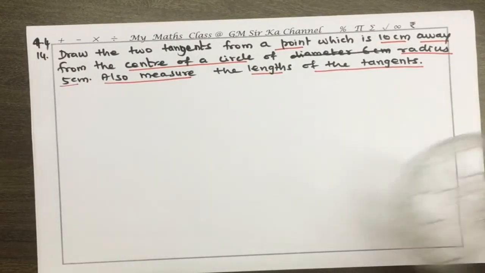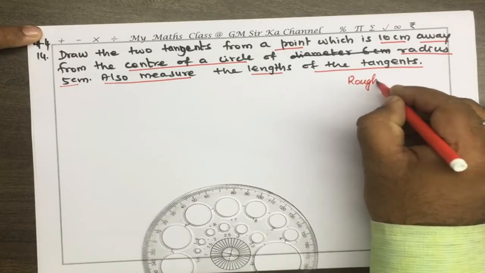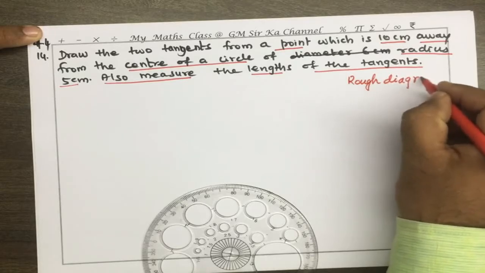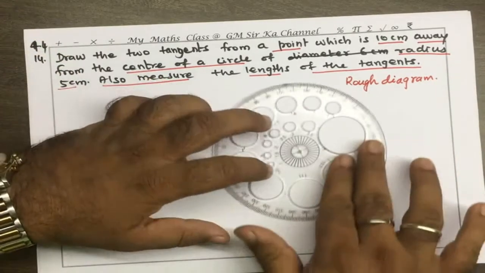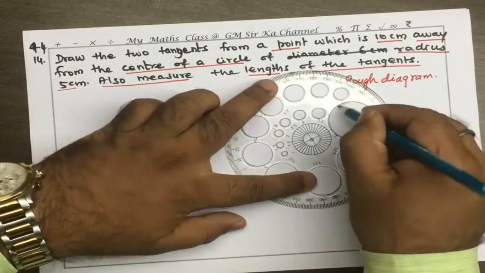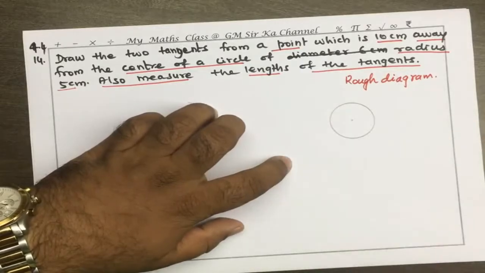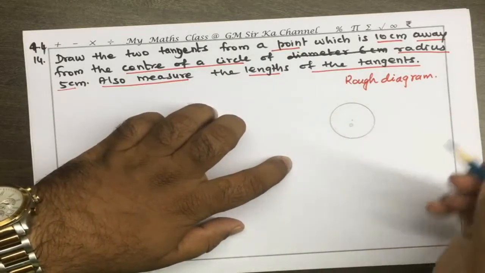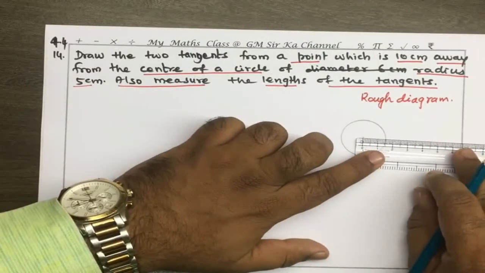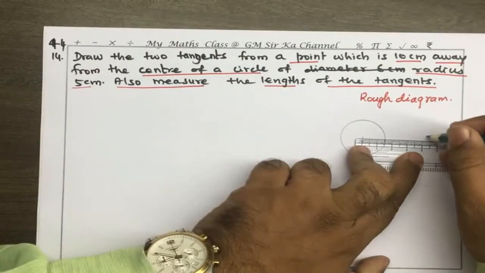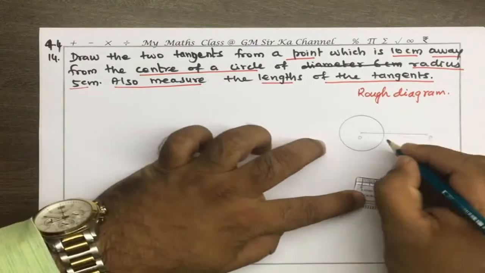So let us draw the rough diagram first. From this point center O, 10 centimeter away from the circle, we have one point P, 10 centimeter.